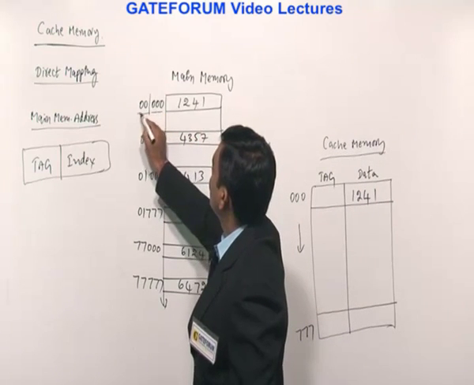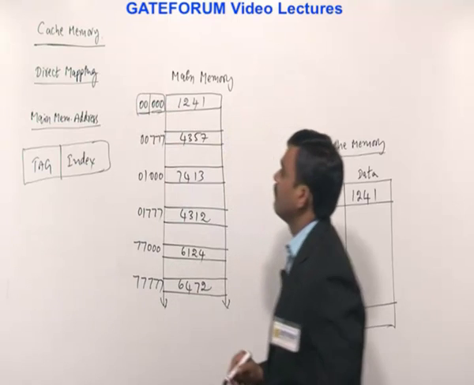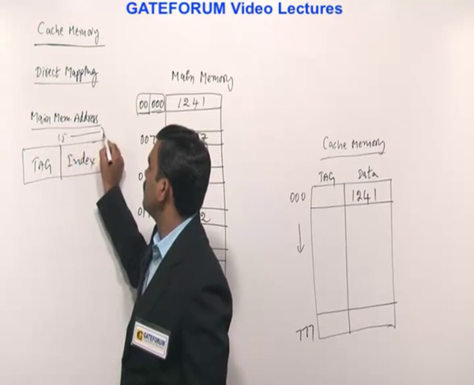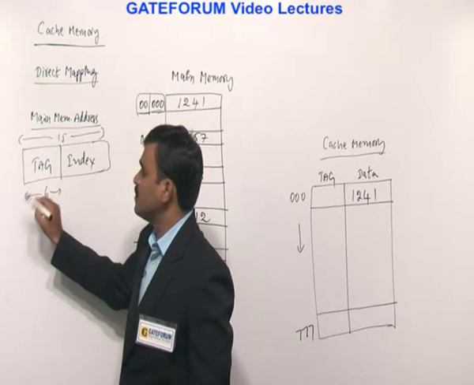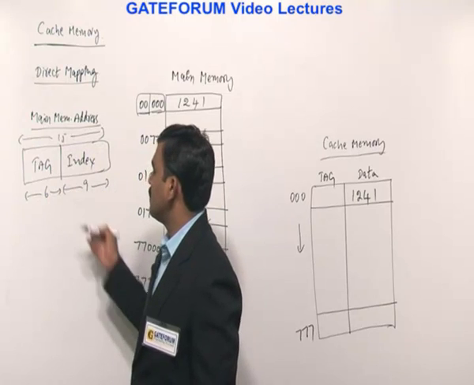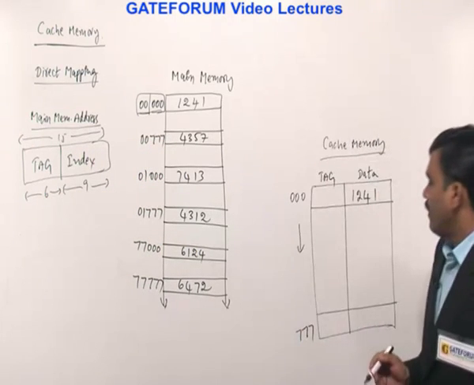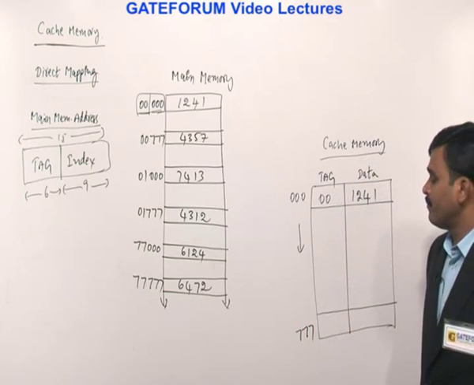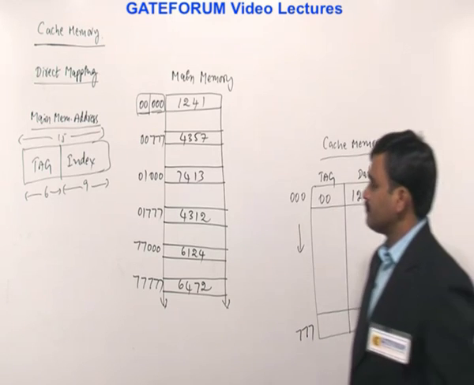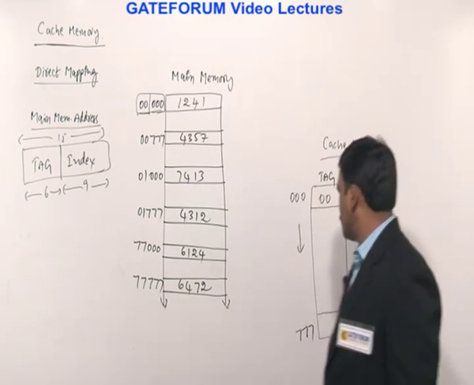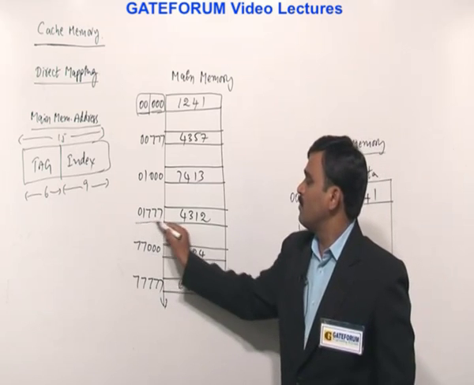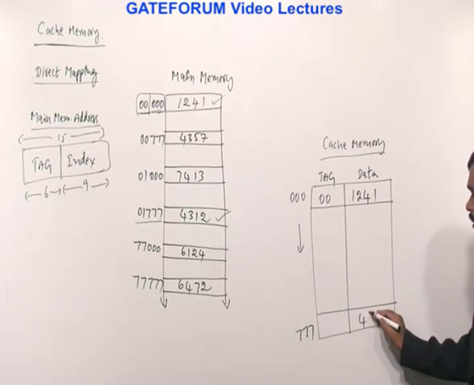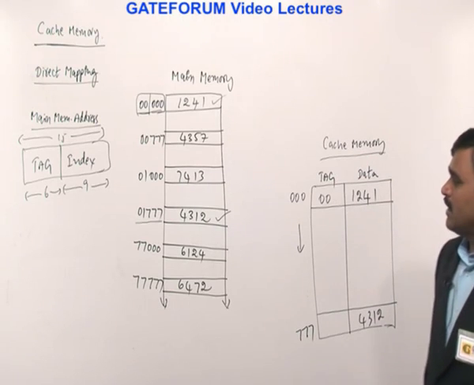The first 2 digits are the tag and the next 3 digits are the index, because in the 15-bit address, the first 6 bits are the tag, which means 2 octal digits, and the next 9 bits are the index, which means 3 octal digits. What is the tag corresponding to this? 00 is the tag in octal. For example, we are storing address 01777, and the data is 4312. These two data items we stored. What is the corresponding tag value?